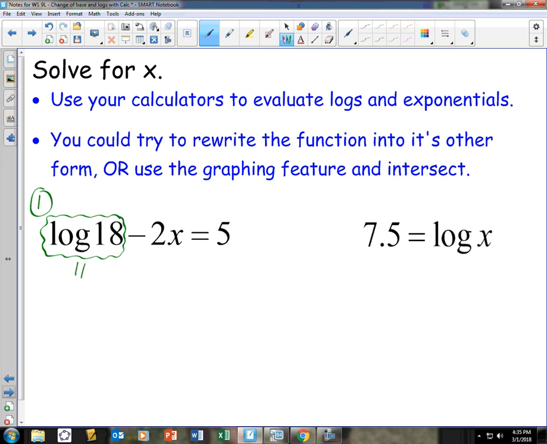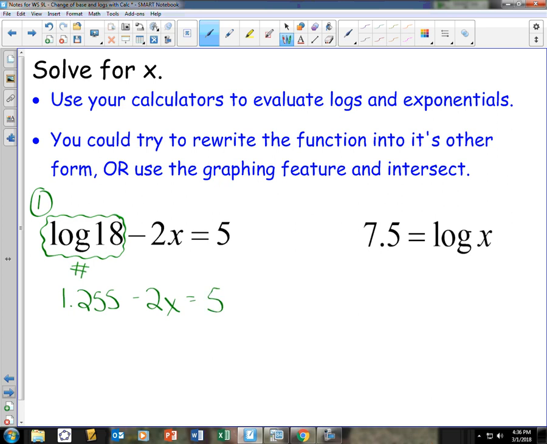I can plug that into my calculator. I'm going to do that right now. Log of 18 is 1.255. So this is 1.255 minus 2x equals 5. Oh my goodness, this is really not that hard of an algebraic problem.